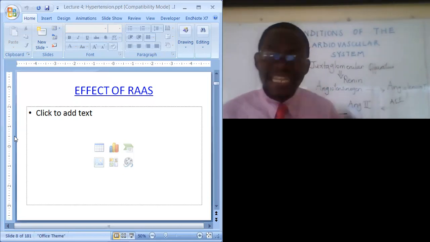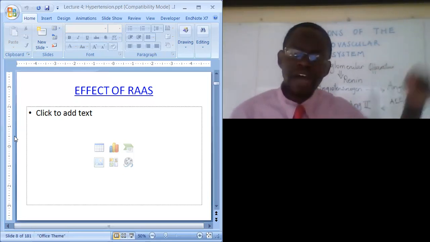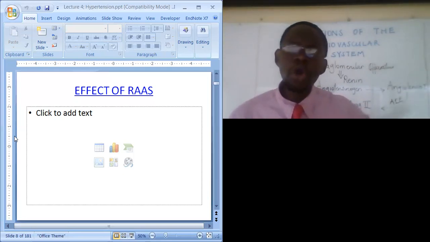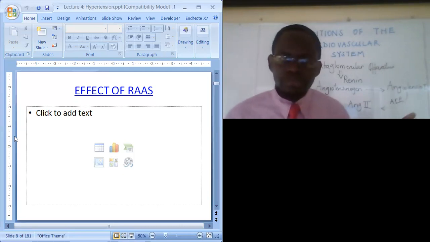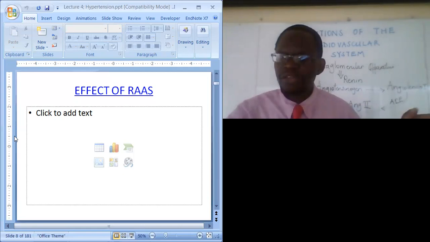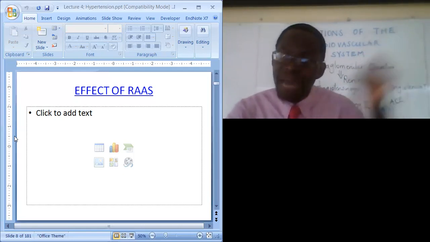Not only does it cause vasoconstriction, but it also causes release of aldosterone from the adrenal cortex. Because it is a vasoconstrictor, total peripheral resistance will increase, and as a result blood pressure will increase.